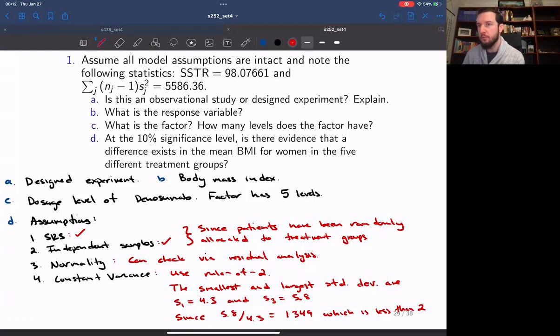So that's essentially how the rule of 2 works. You take the smallest and largest standard deviations, you divide the smallest by the largest. If that value is less than 2, then you can assume that the variances are equal. So in this case, it is less than 2.